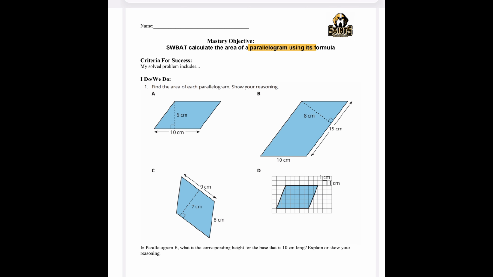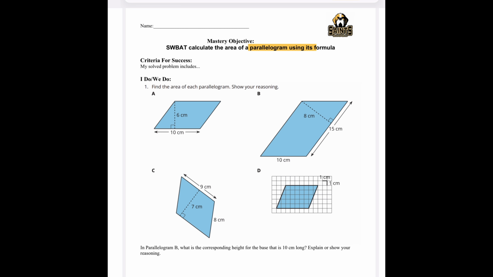Which we found yesterday is the same as finding the area of a rectangle, as long as you know where the height is. And then 3, use substitution. We already know that base times height equals area. We can just substitute in our base and our height, and voila. And then we calculate the area. So now we're actually solving the equation that we wrote.